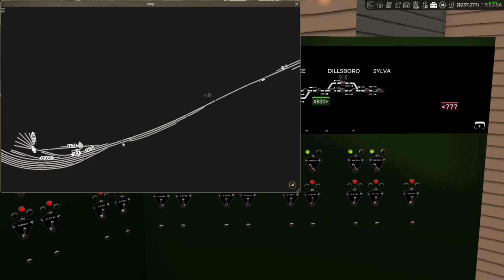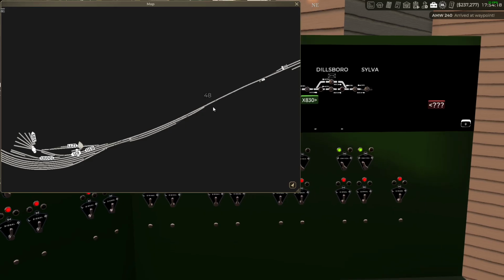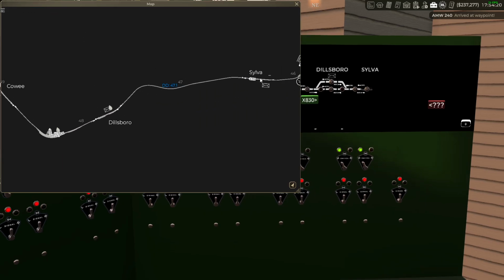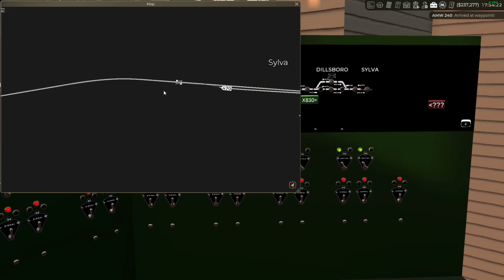So if to the right is east, then the engineer of the X830 would give you a call and say X830 to dispatch, or X830 to the dispatcher with ER and the name of the railroad, depending on local culture and the different rule books. And they would want permission from the engine house in Dillsborough, but what they would mention is what they need the operator or the dispatcher to do.